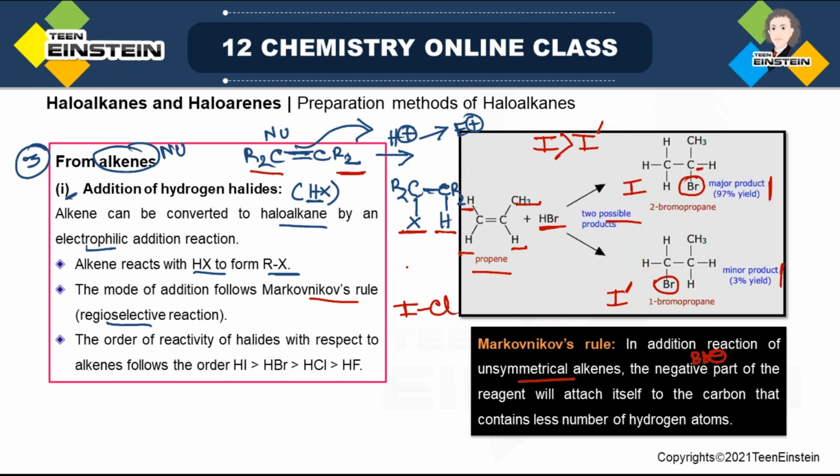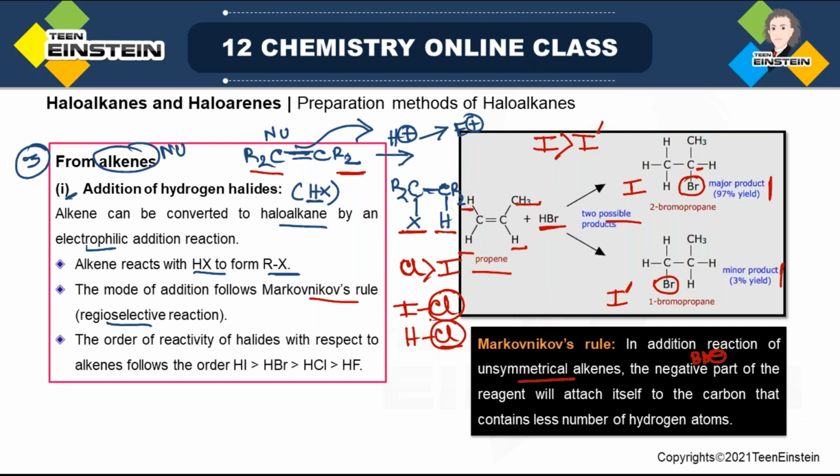Chlorine is more electronegative than I. So ICl is basically an analog of HCl, because here also chlorine is more electronegative than H. In ICl, chlorine is more electronegative than I. So here also it is the negative part, and here also it is the negative part. So it is always better to use the more general form of the Markovnikov rule, so that it can cover a wide range of different types of reagents.